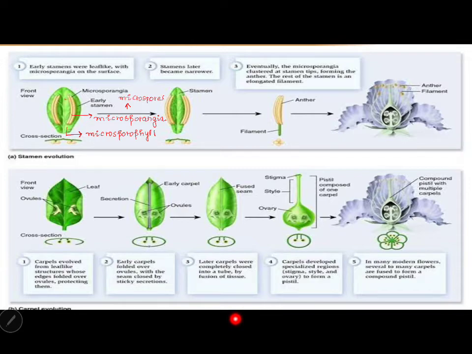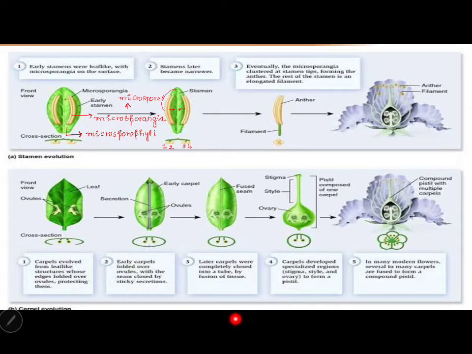Now, if you see the next stage of development, the microsporophyll has become narrower and smaller in surface area. That means it is bringing the microsporangia together. So you can see in the cross section I have 4 microsporangia.